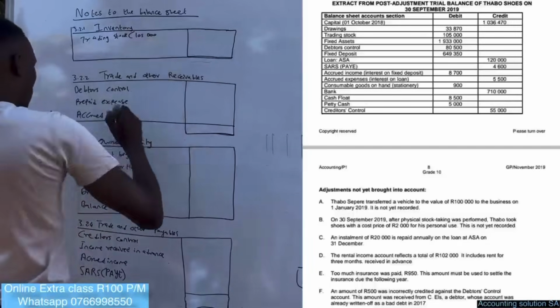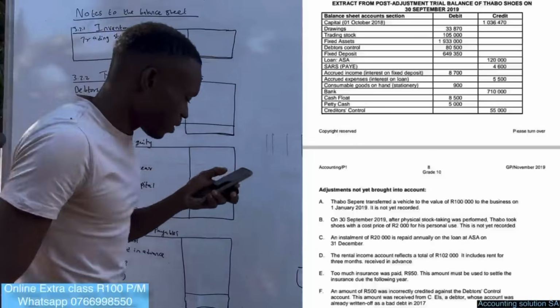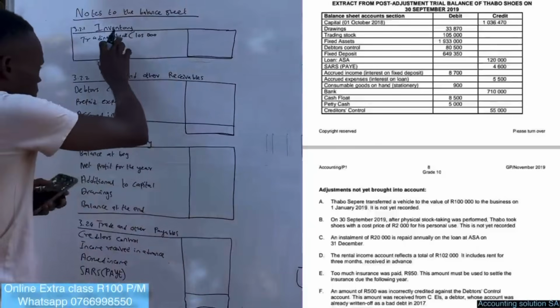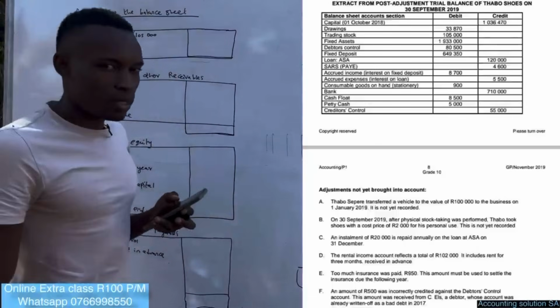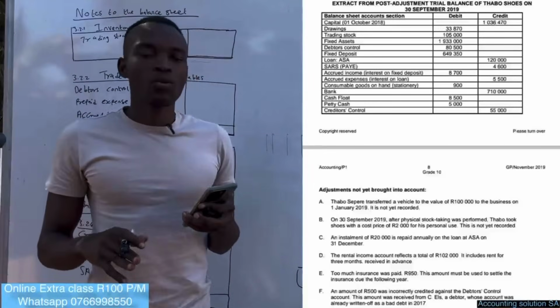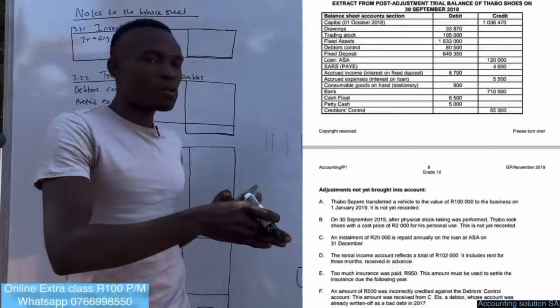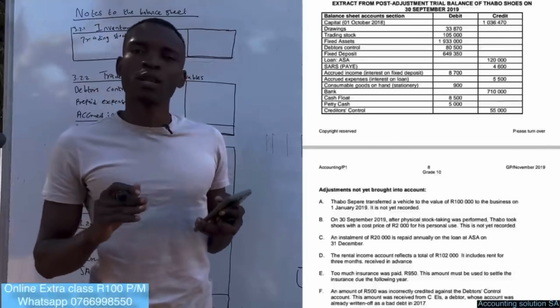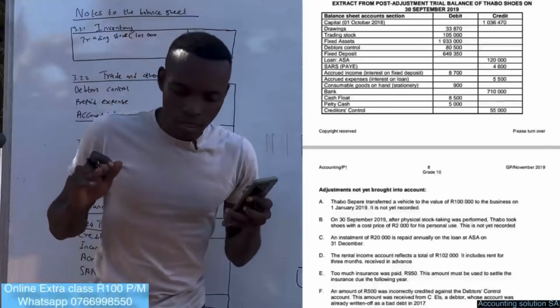At the beginning, we have 105,000. Before we proceed, we must first check if there is any adjustment that is going to affect this one. For example, this is the inventory that we recorded at the beginning. It can happen that the owner donated some inventory, or withdrew some inventory, which we need to subtract.